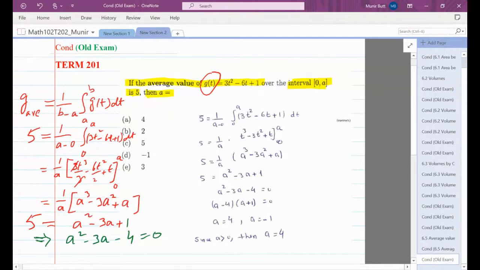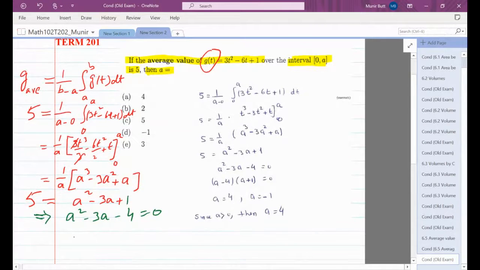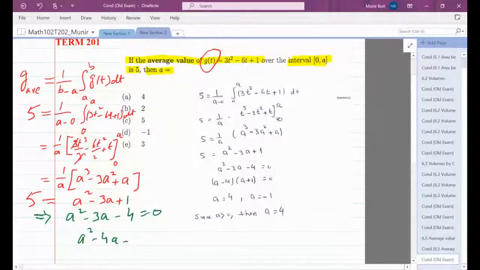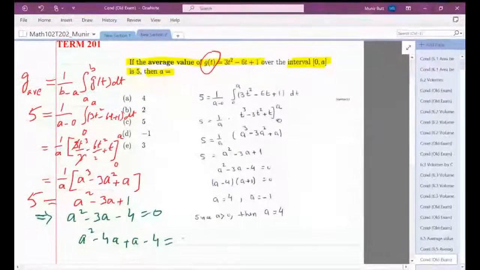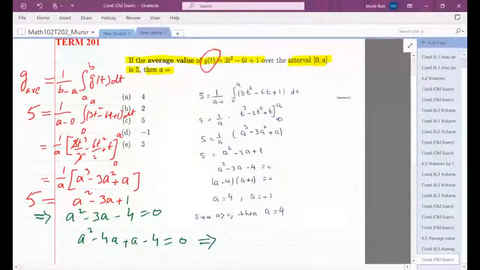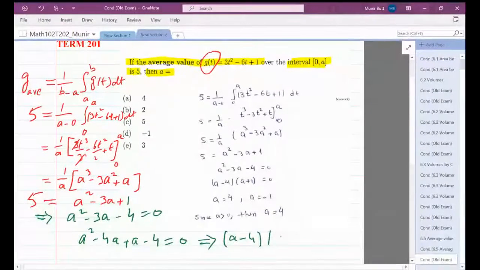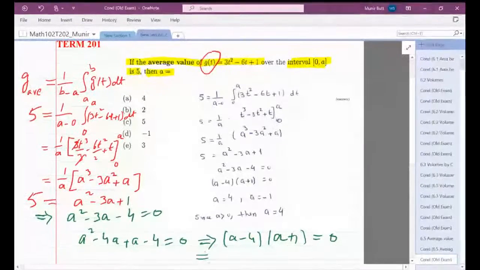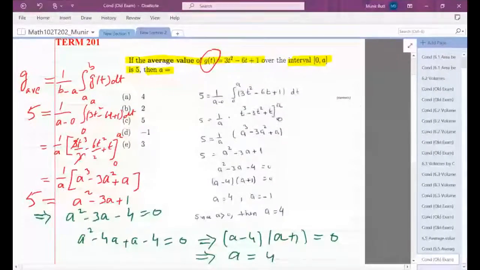Now you can easily see that the factorization will be a square minus 4a plus a minus 4 equal to 0. This implies a minus 4 and a plus 1 equal to 0, so a is equal to 4 or minus 1.